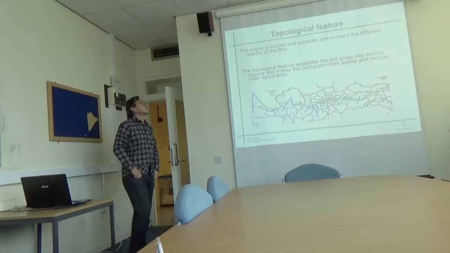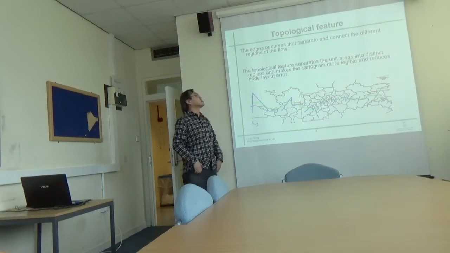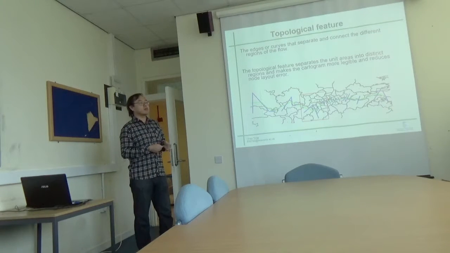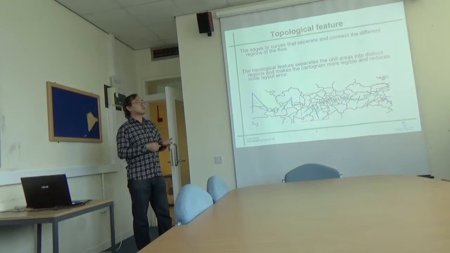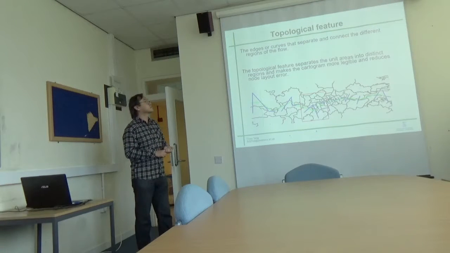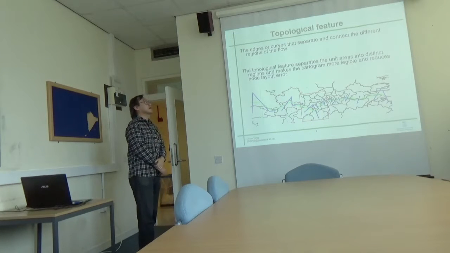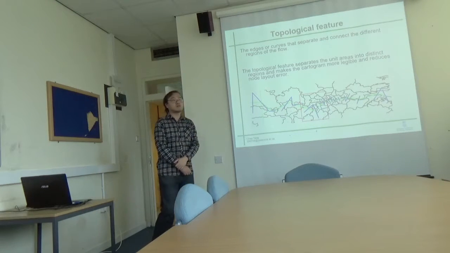So we introduced the idea of topological features. This is an idea we used from flow visualization. It refers to the edge of the curve that separates and connects the different regions of the flow.